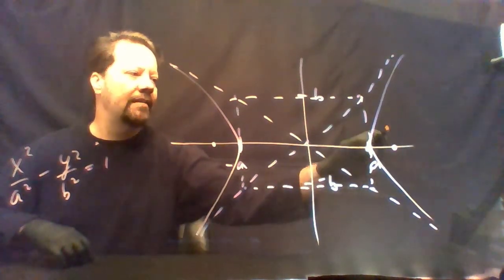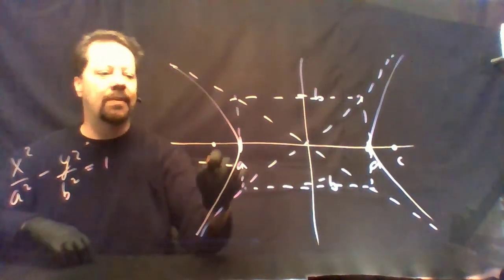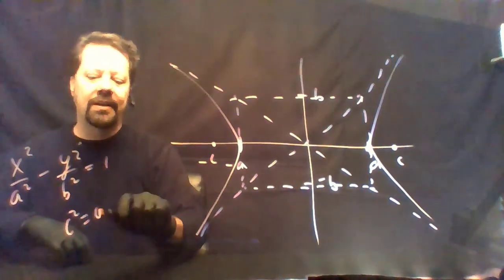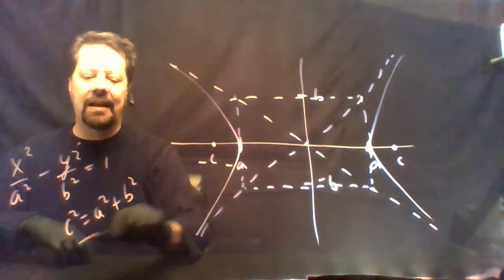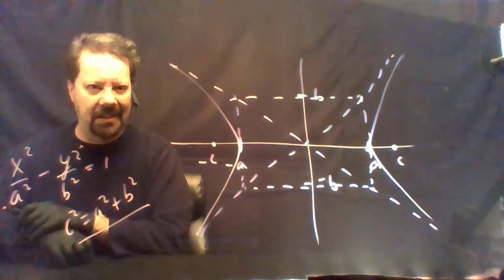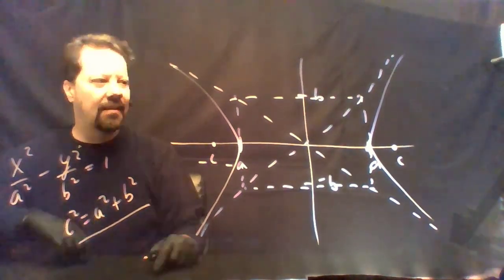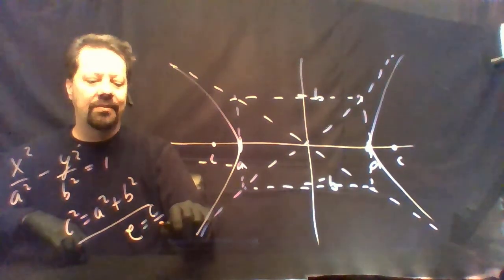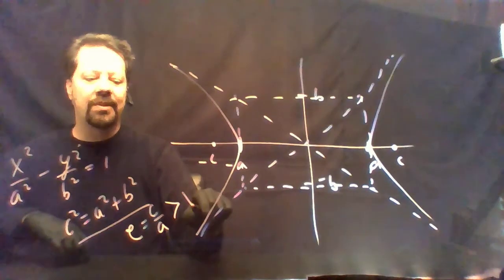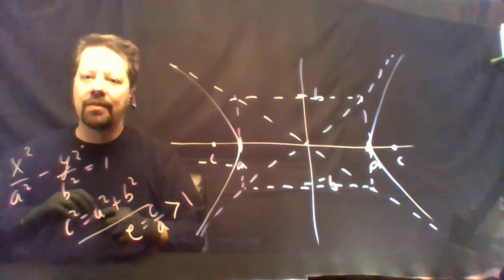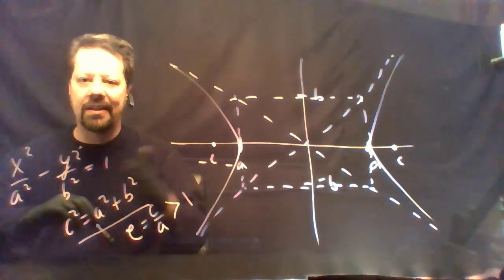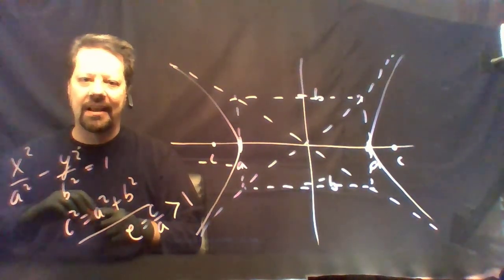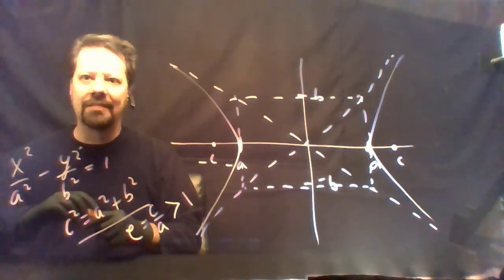The foci are at the points c units this way and c units this way, where c squared equals a squared plus b squared, plus this time for the hyperbola. For hyperbolas, the eccentricity, c divided by a, will be strictly greater than 1. For the ellipse, the eccentricity is always between 0 and 1, and equality with 1 is the case of a parabola.